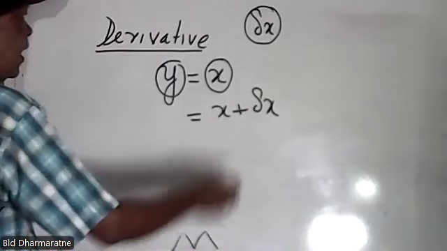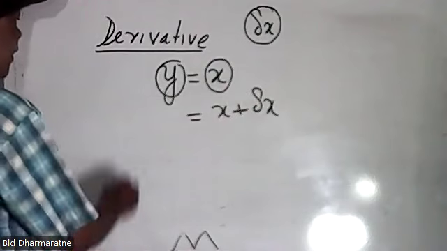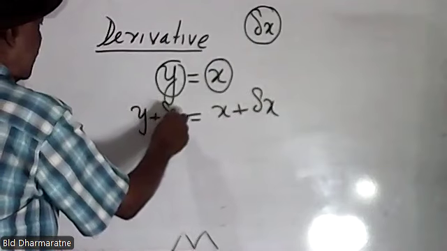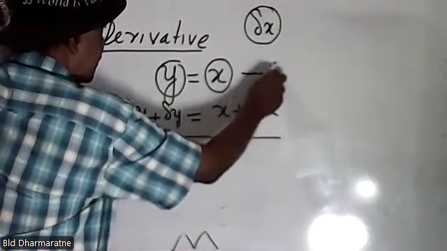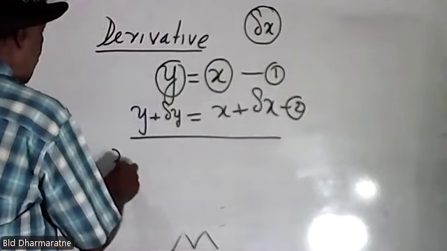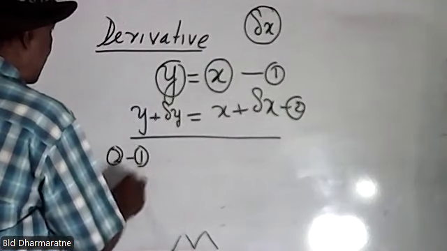Then similarly, the corresponding variable is y plus delta y. Now this function, this is 1, this is 2. Subtract 1 from 2. What is happening?